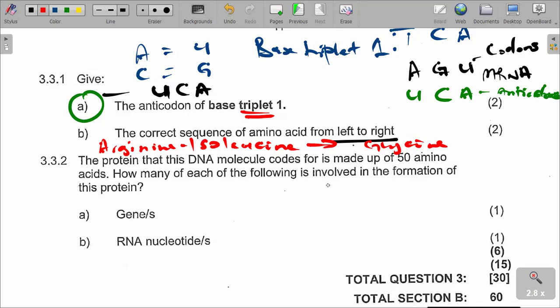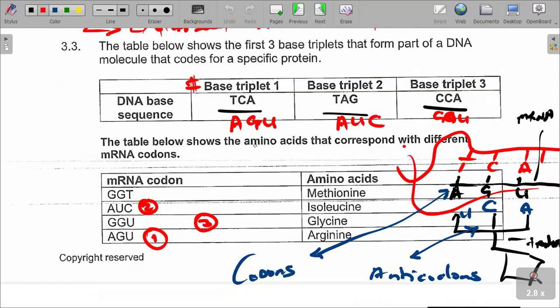I think, class, you have seen what is happening there. I said you calculate the codons for this base triplet that you are given here. So our codons are calculated, and our amino acids are calculated on these red codons. This is the mRNA codons that we should use in order for us to get these answers.